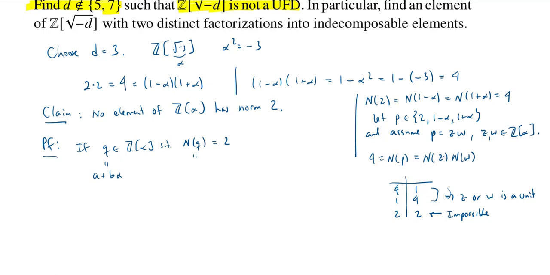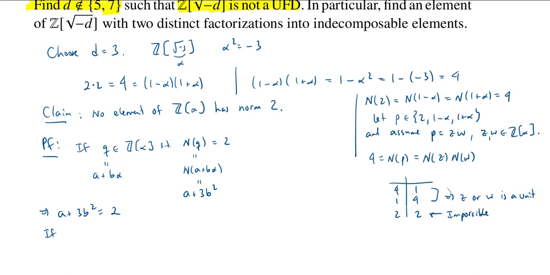Then I would have the norm of A plus B alpha is equal to 2, but the norm of A plus B alpha is A squared plus 3B squared. Okay, so this tells me that A squared plus 3B squared is equal to 2. All right, well, I need to find A and B here, and they have to be integers, right?